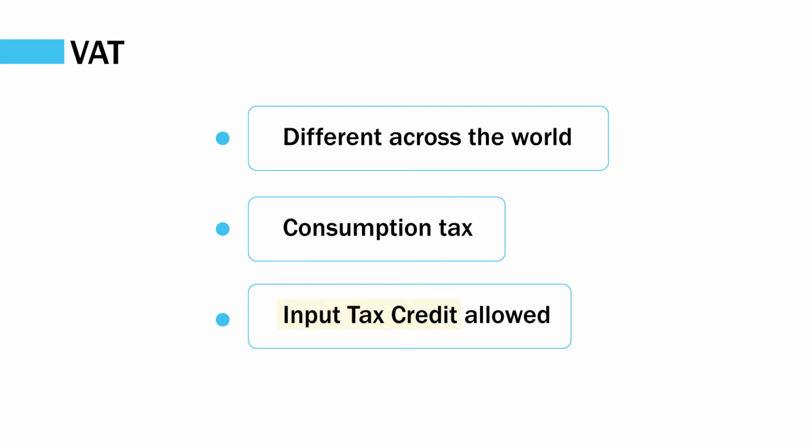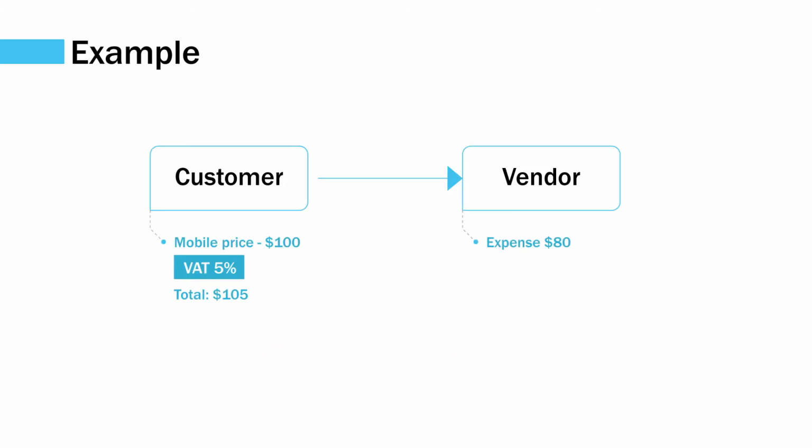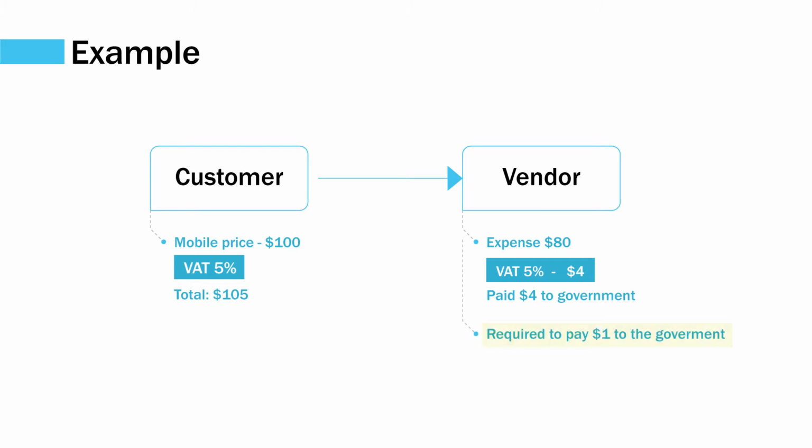That is, the VAT which you pay on your expenditure is allowed to you as a set off against your output liability. So in the same example which we discussed, if your output liability is $5 on the $100 mobile phone as a supplier, and the supplier has incurred expenditure of, say, $80, and on that $80, I am assuming 5% VAT is paid by him, so it would be $4 on $80 at the rate of 5%, then he would be required to make a payment of only $1 to the government.